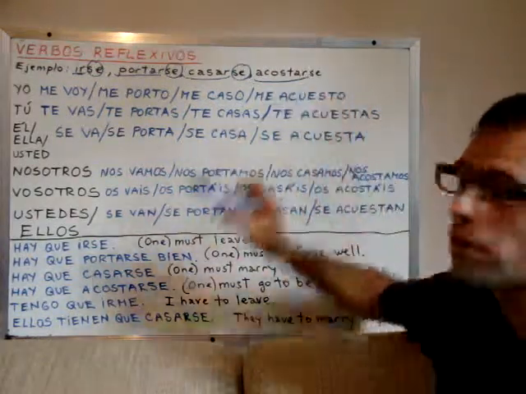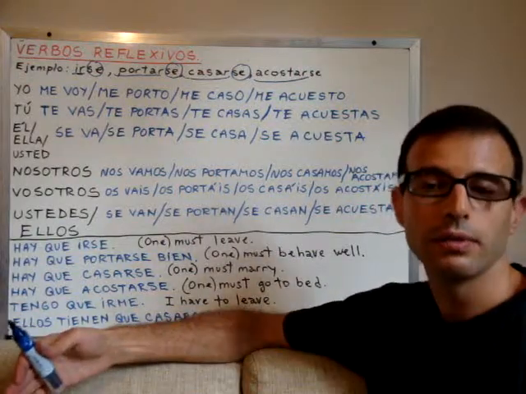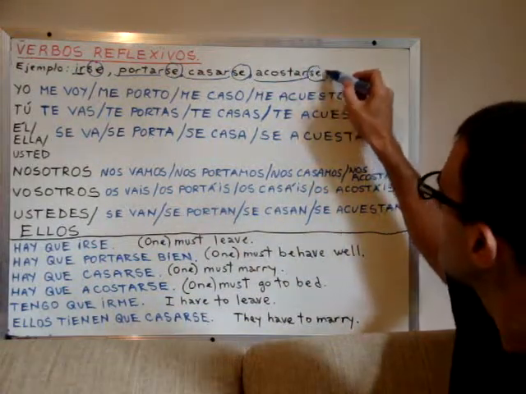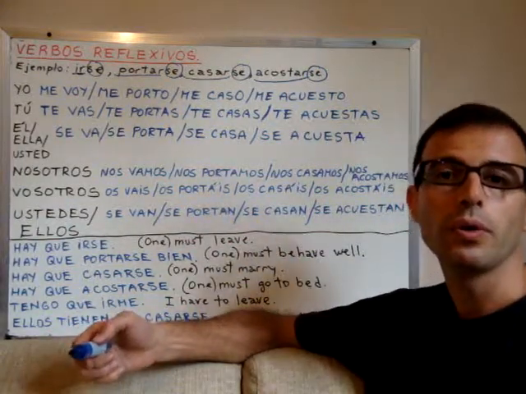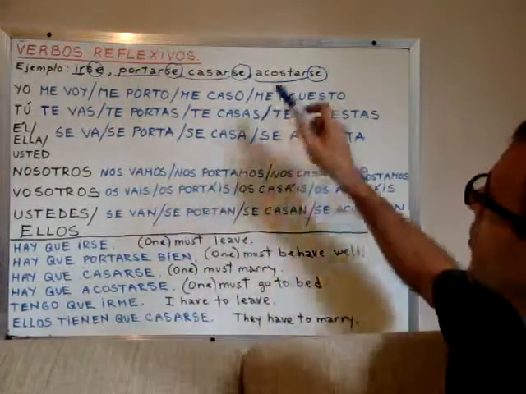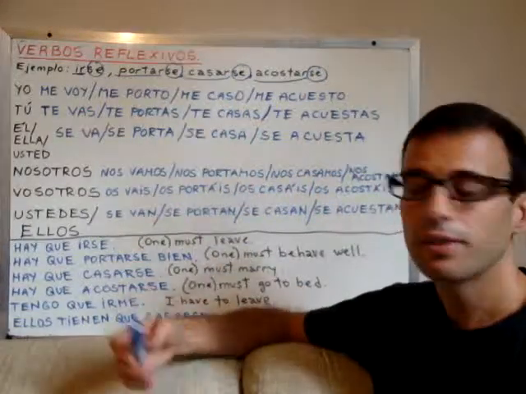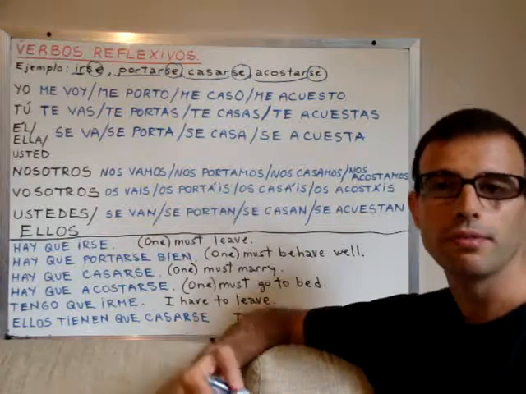Acostar is to lay something. And acostarse means to lie down or to go to bed, right? But remember that the ending, the se, the reflexive suffix, would mean oneself.